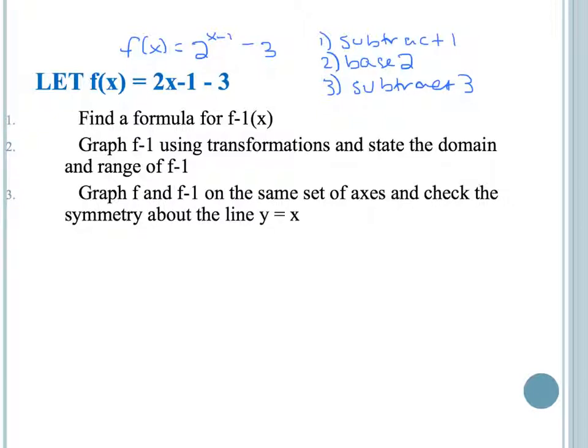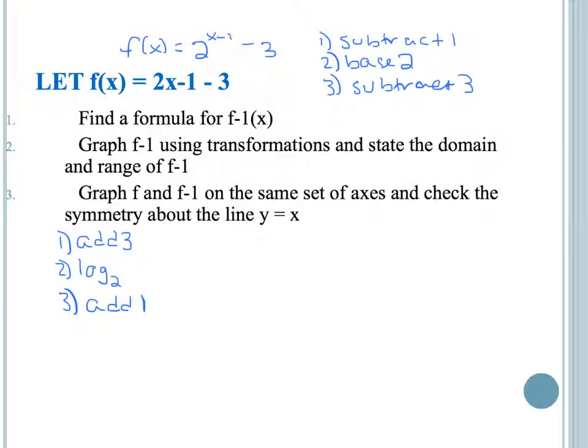So for my inverse, I need to undo subtracting 3 by adding 3. To undo the base 2, I need a logarithm in base 2. And then to undo subtracting 1, I need to add 1.